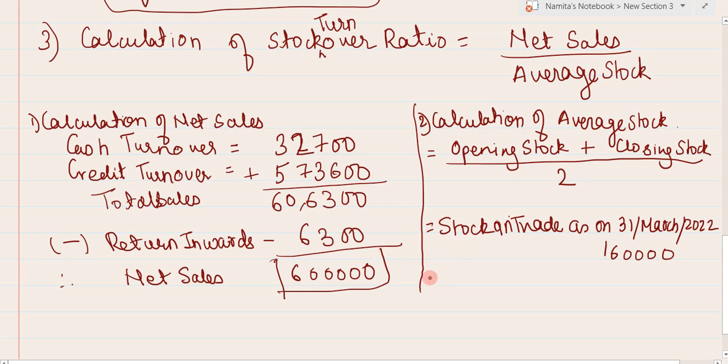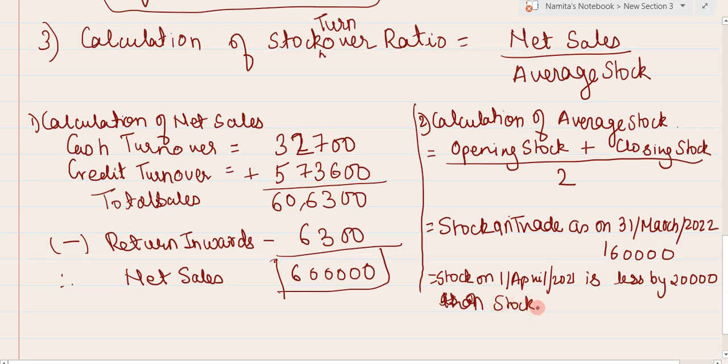And it is saying that stock on 1st April 2021 is less by 20,000 than stock on 31st March 2022.